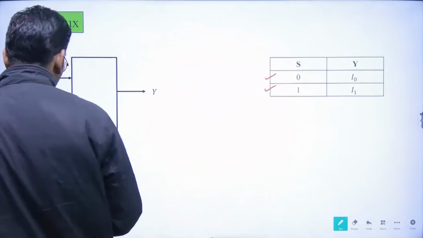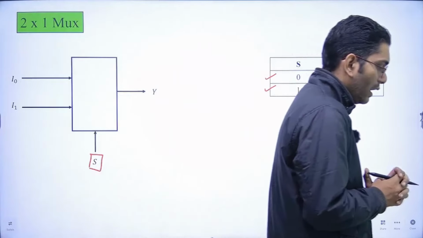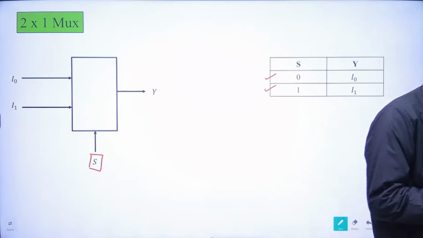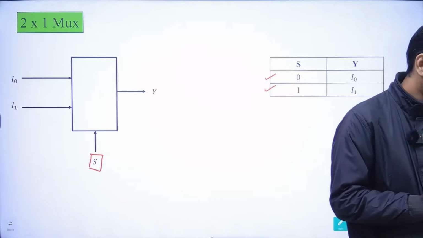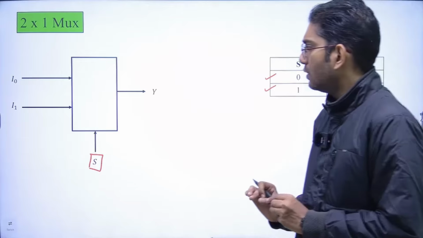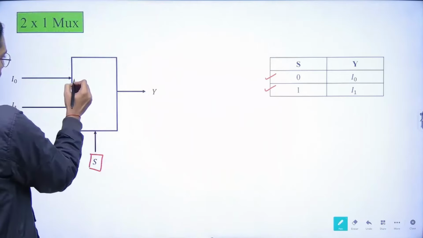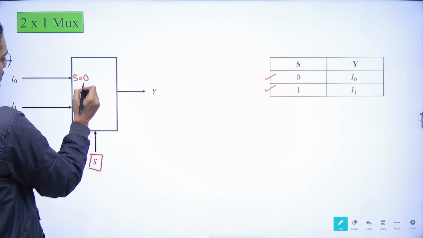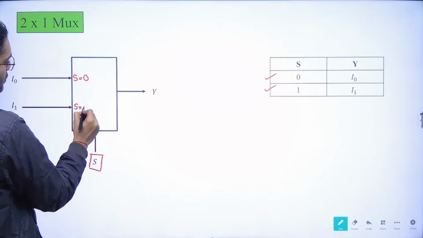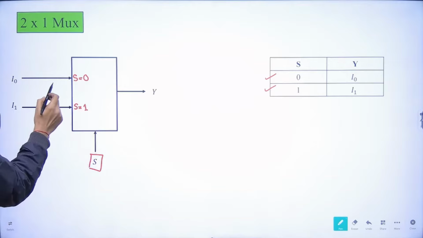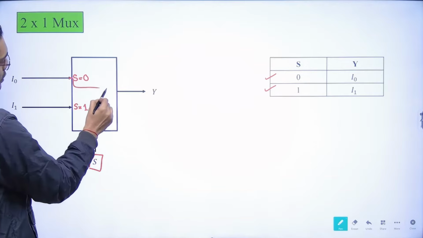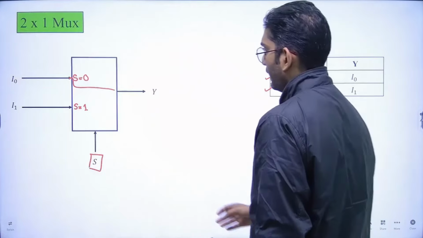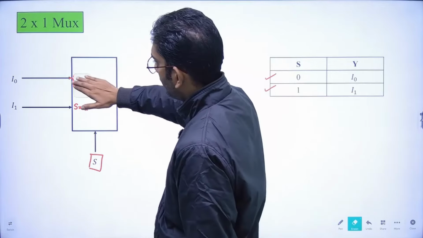Now just simply understand how this multiplexer works. When S is 0, I0 would be connected to the output.